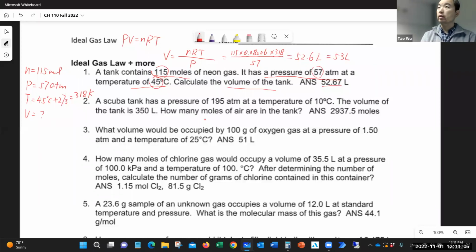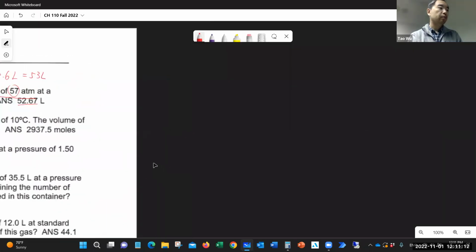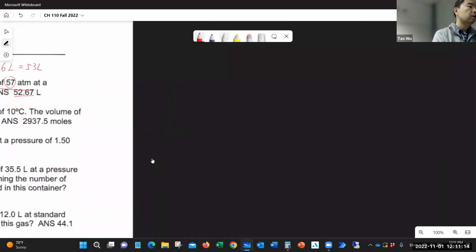So this is the ideal gas law. This gives you this example. Well, then let's go back to what we talked about last time: 22.4 liter per mole.